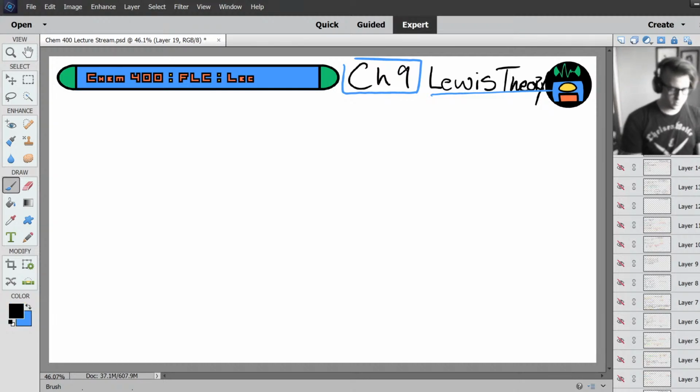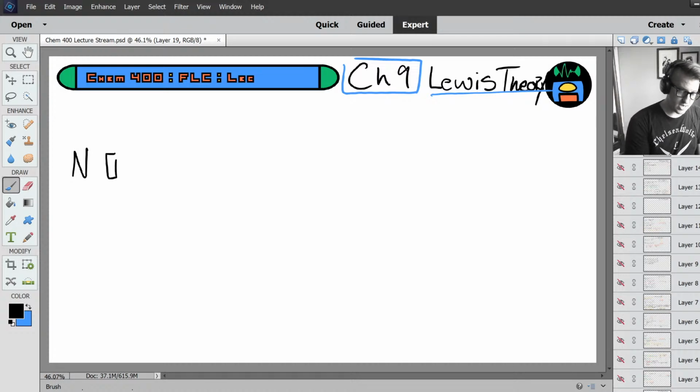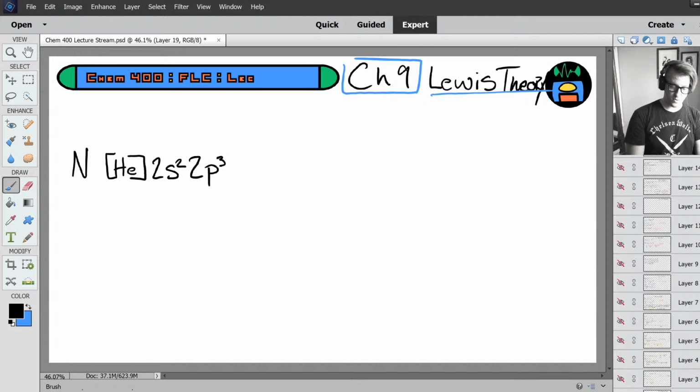So, for example, if you have a nitrogen atom, we could write out the electron configuration, right? Nitrogen uses helium for its noble gas abbreviation, and then when you use the periodic table, you see that it's 2s2, 2p3. All right, that's the electron configuration.